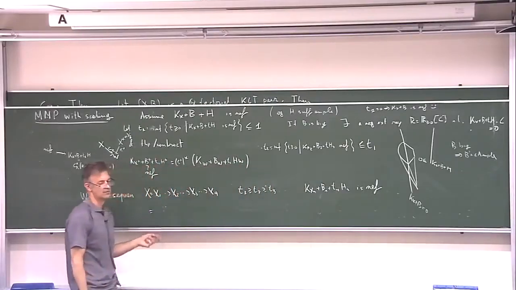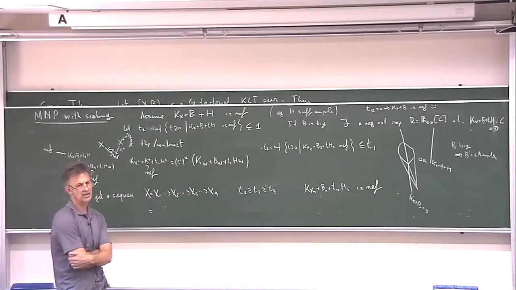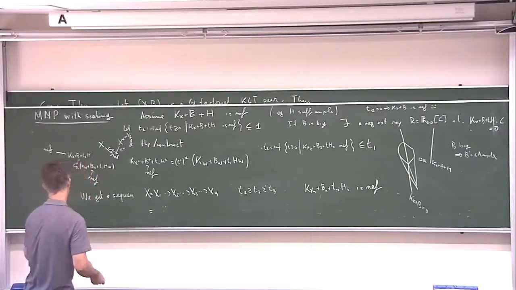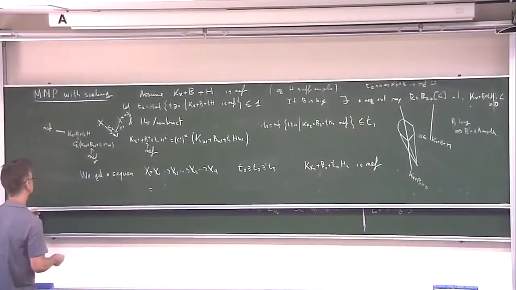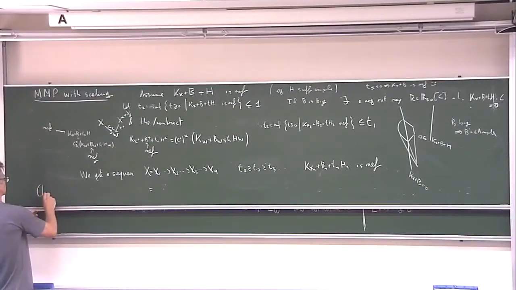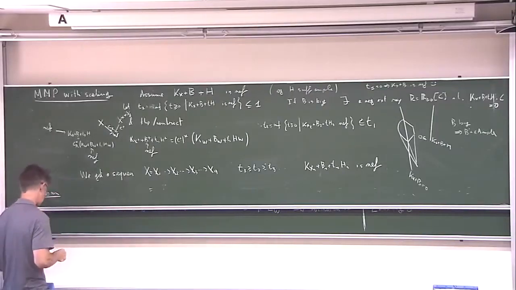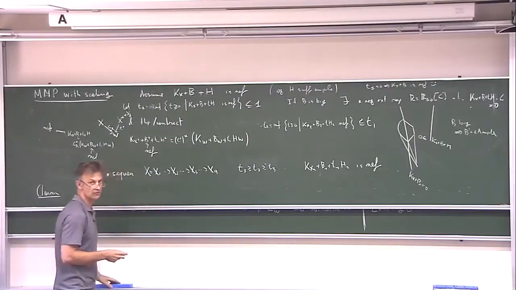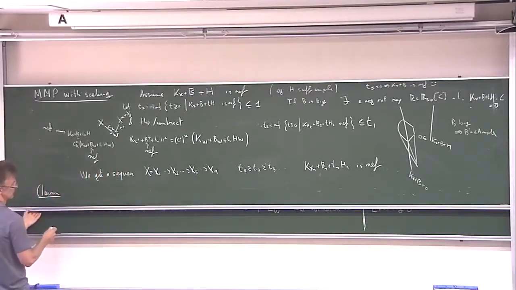Okay, so why on earth should we expect that this minimal model program has to terminate? Right? So the claim, which maybe I won't prove today, but I will get to at some point, and I'll give you a sort of moral reason why it should be true.